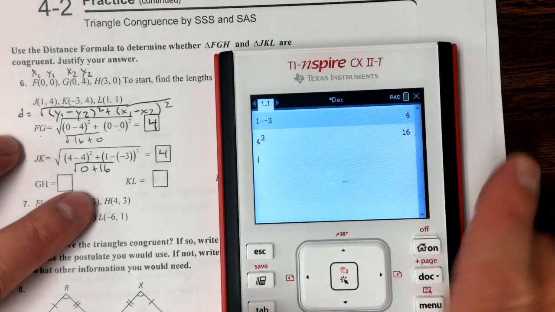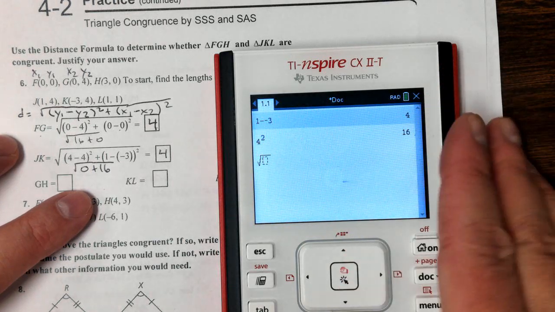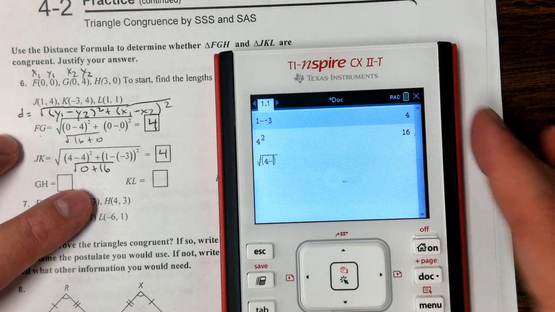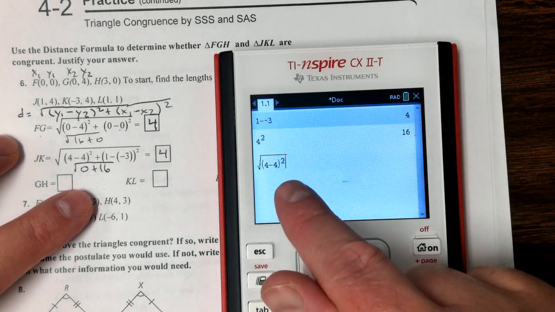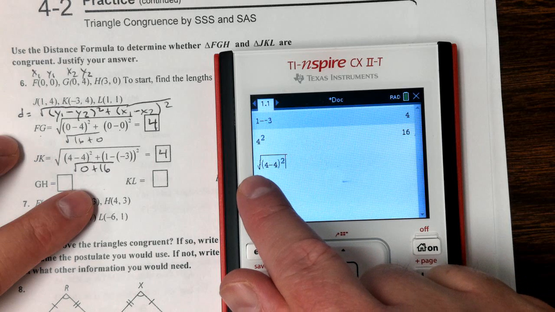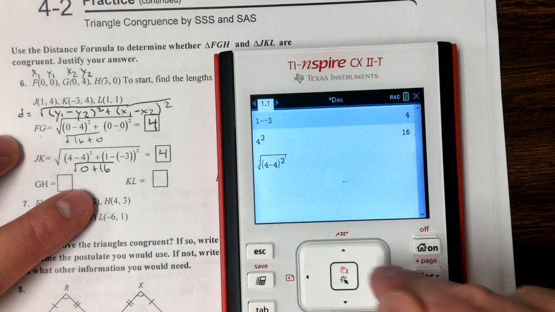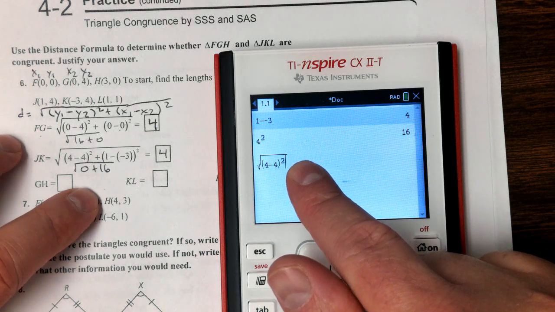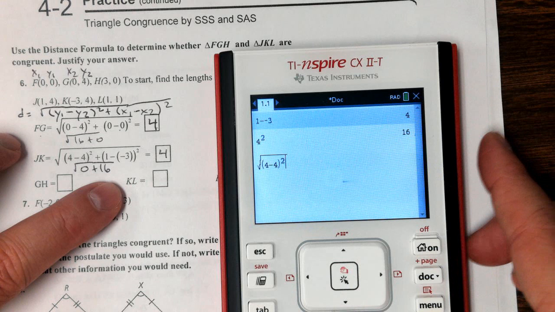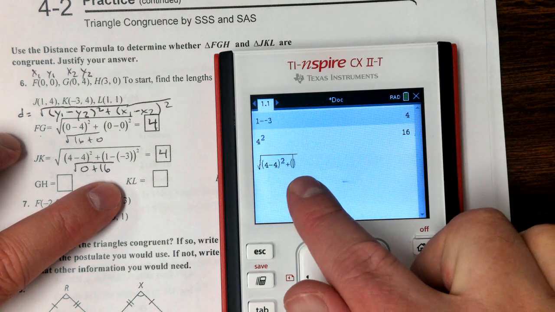If you'd rather just write the whole thing out or type the whole thing out, you can. It's 4 minus 4 squared. Now notice when I did that and I opened my parentheses, it automatically closed it, and then I had to move to the right in order to put the squared. And then on this one, plus parentheses, and so it opened that parentheses.